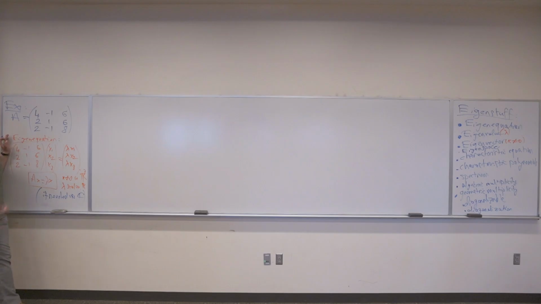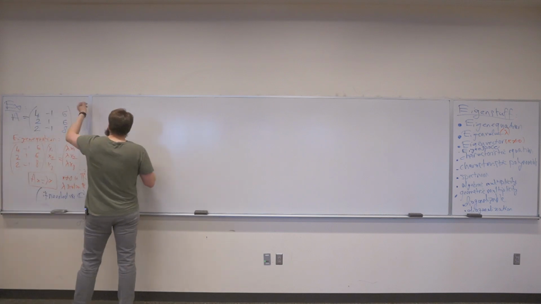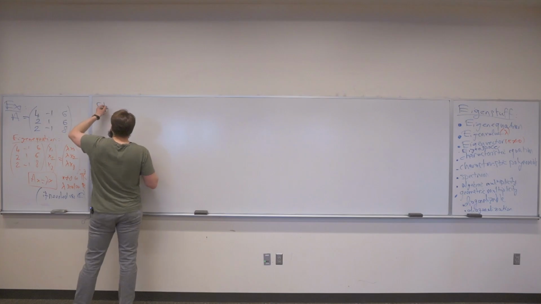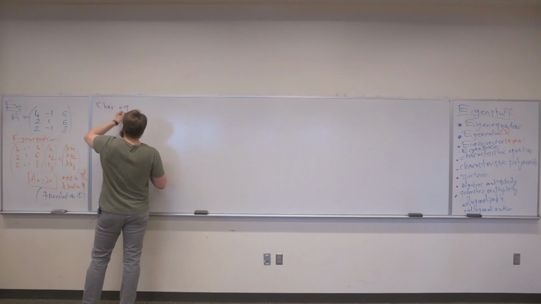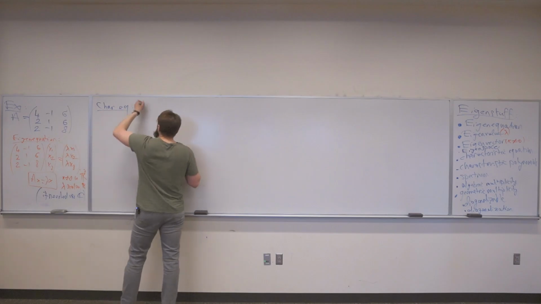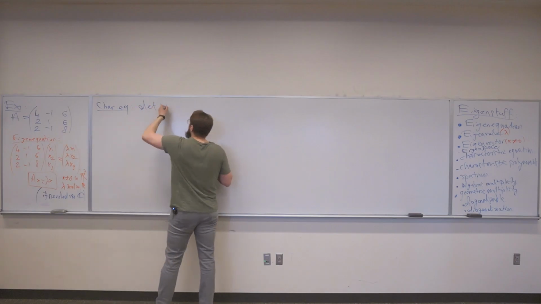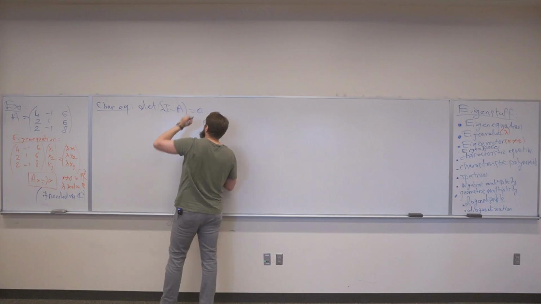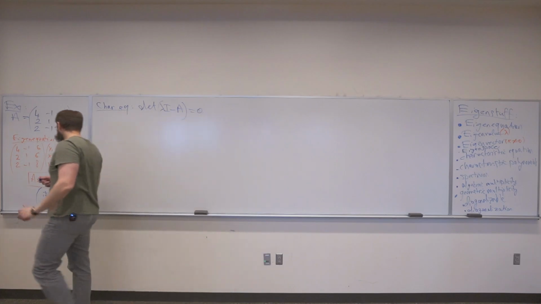Instead, we first focus on lambda, solve for lambda, then solve for x. The characteristic equation for this A is the determinant of lambda I minus A equals 0.